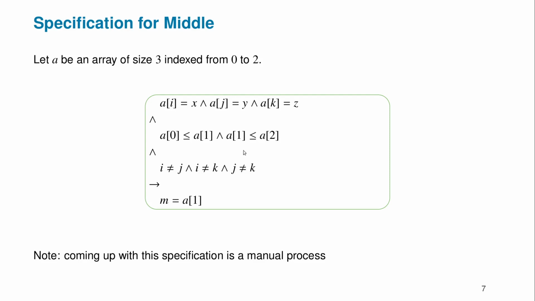And if these constraints are satisfied, then we know that the value m, which we are looking for, is at position 1. When these conditions here are true, then we know that m has the right value.